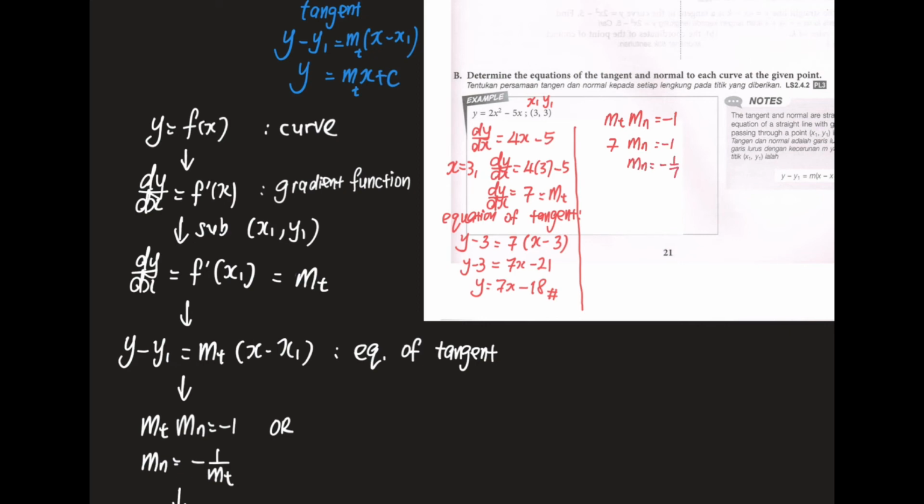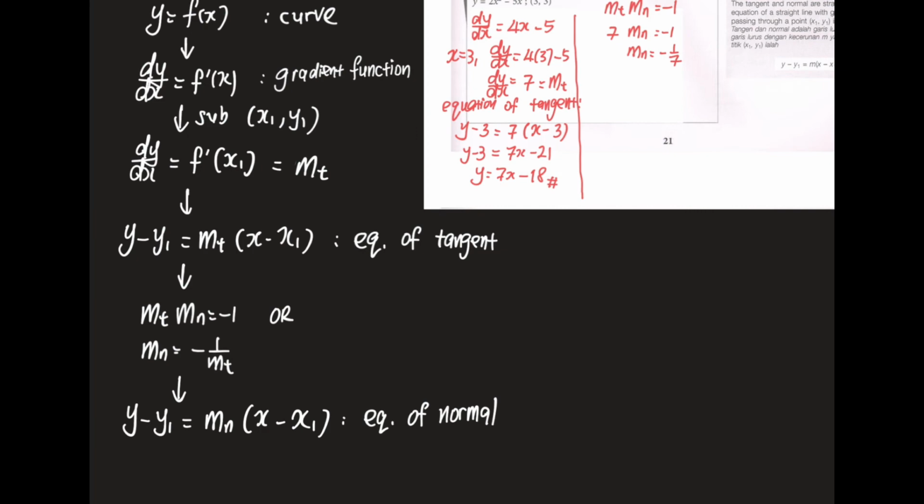So move the 7 to the other side. -1 over 7 is the gradient of normal. Okay, then you can see the next steps. Once you get the gradient of normal, you substitute the same point and the gradient of normal, then you get the equation of normal.